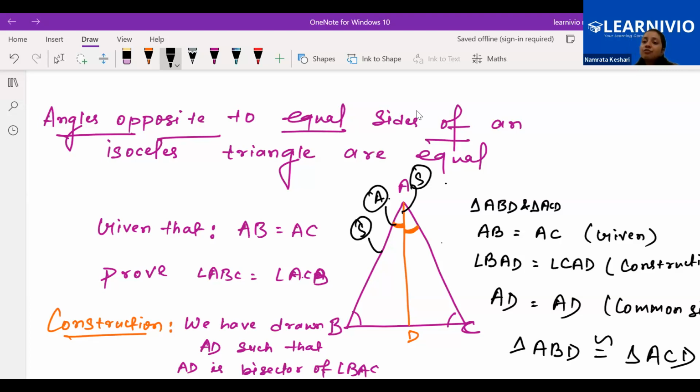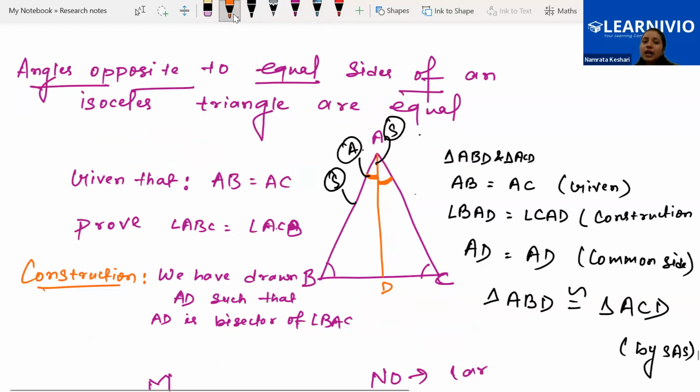Okay, so now we can say that in these two triangles, corresponding part, angle B over here is equal to angle C over there. Angle B in this triangle is equal to angle C in that triangle, and that's what we wanted to prove. Yes or no?